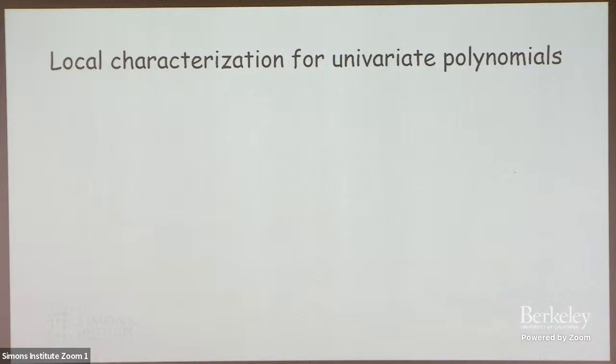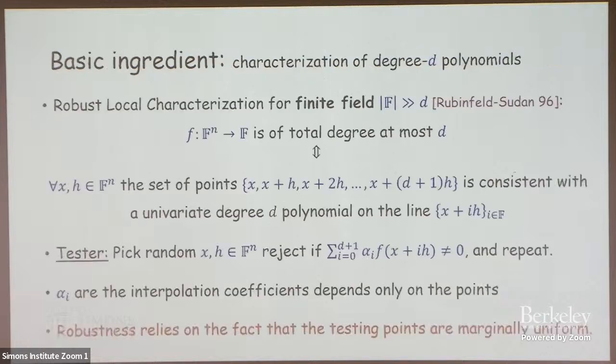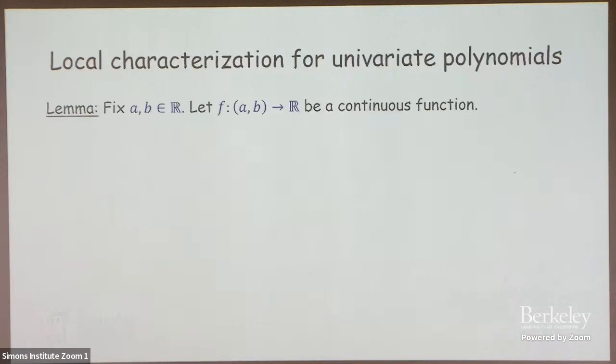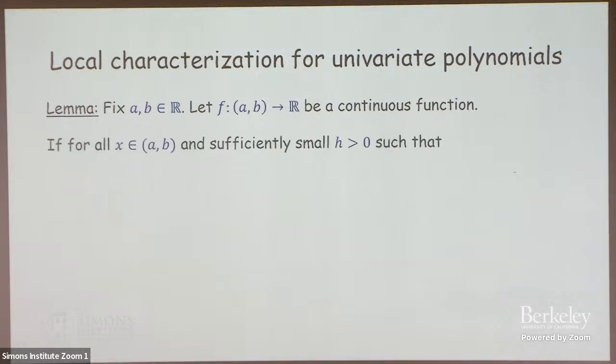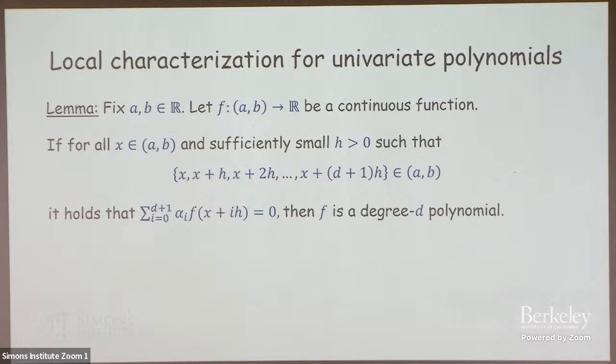So now when we go to R^n, we don't have the uniform distribution. So we use the Gaussian, and here we need something different. Still, the characterization holds: if we think about line segments, and we have univariate functions, and they satisfy this characterization, the functional equation, then they are degree d polynomials, given that they are continuous or bounded.